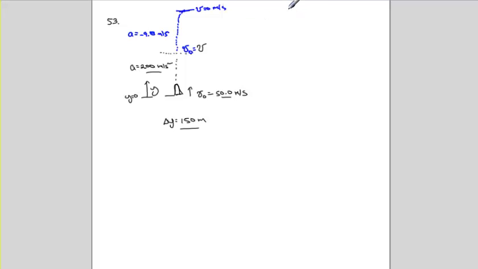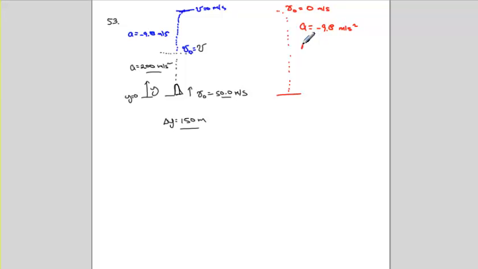Then let's do the red part, which is when it falls. It falls down until it crashes into the ground. V0 for the third part is 0 meters per second, because that's what it was at the end here. The acceleration is still negative 9.8 meters per second squared.